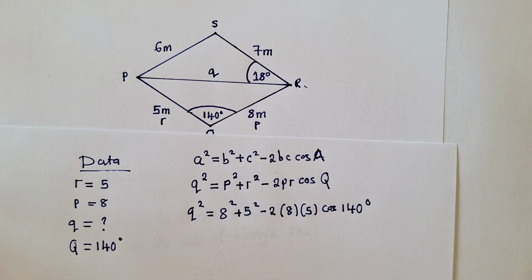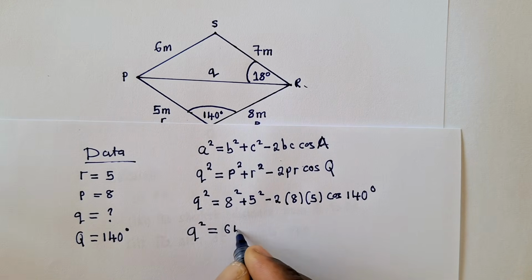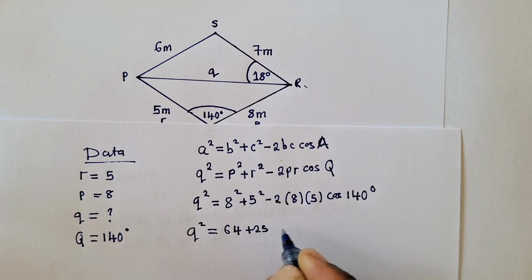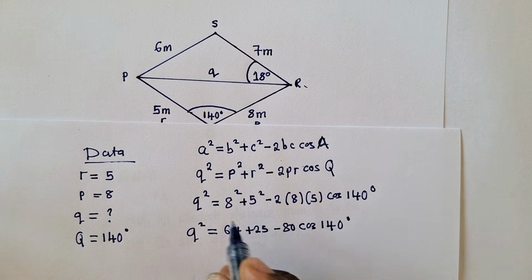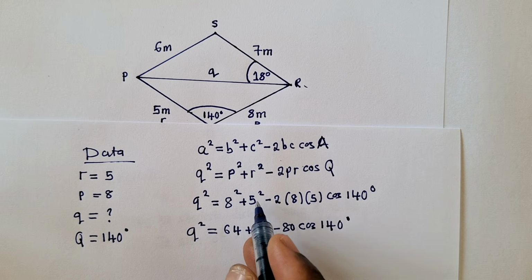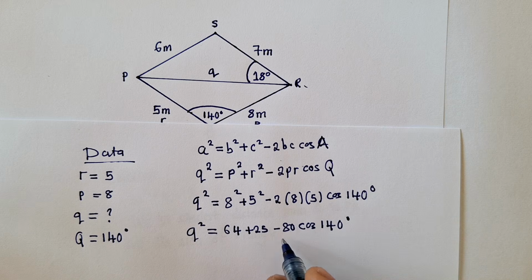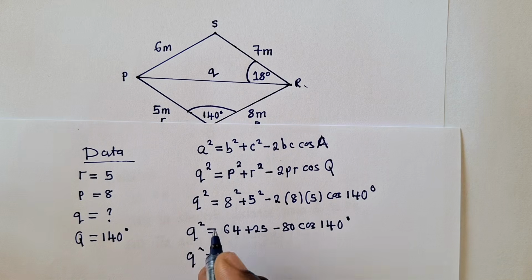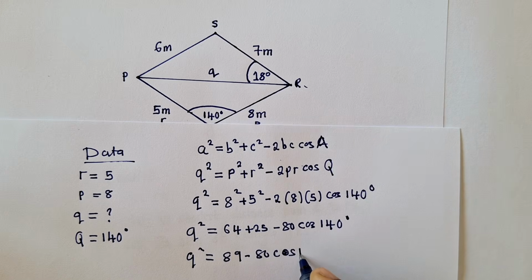You see, guys, this is very easy. It's not difficult, okay? So we can say q squared is equal to 64 plus 25 minus 80 cos 140 degrees. So 8 squared is 64, 5 squared is 25, negative 2 times 8 times 5 is negative 80. So here we can say q squared is equal to, we work out these two, we're getting 89 minus 80 cos 140 degrees. Can you see that?